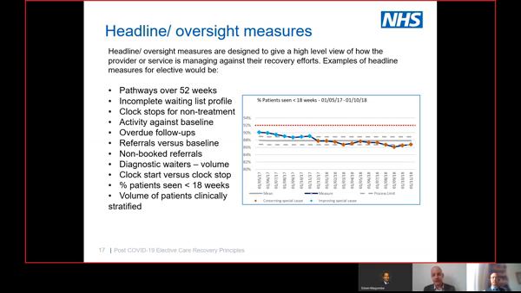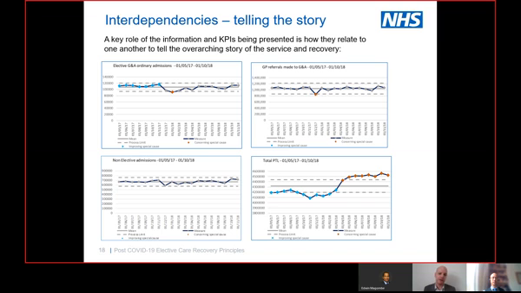SPC gives us some upper and lower control limits based on the data set that we've put in, and indicates the difference between special cause variation and common cause variation. Okay, and it's really the special cause variation that we want to focus on. So we want to take our thinking from a long list of things to scrutinize to a short list of things to action. Okay, so there's interdependencies at the KPI level, and they tell a story about the service.